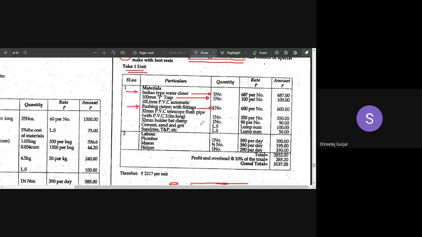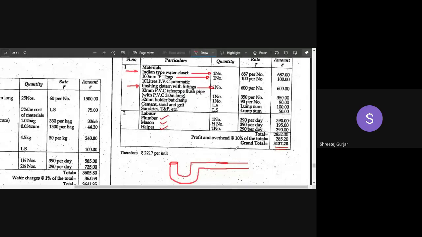In this work, you require a plumber, a mason, and one helper. The plumber is for all the pipe fittings and fitting of your water closet, and the mason is for joining the various joints. So we require sand, cement, and mortar. We require one mason and a helper for them.